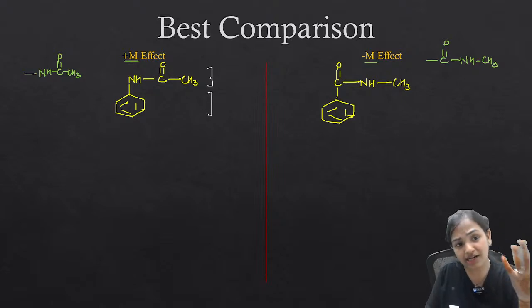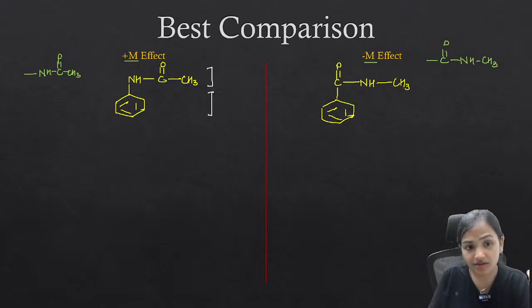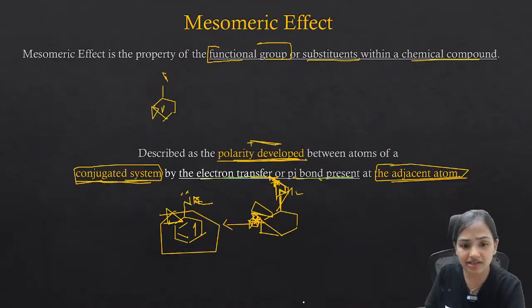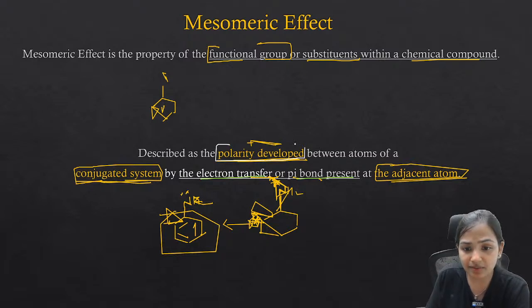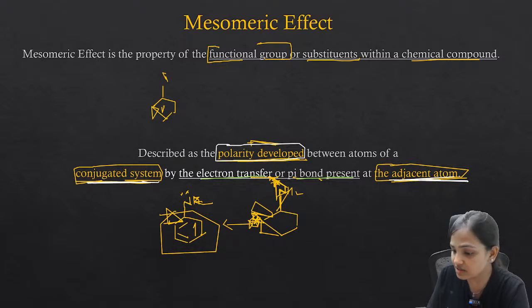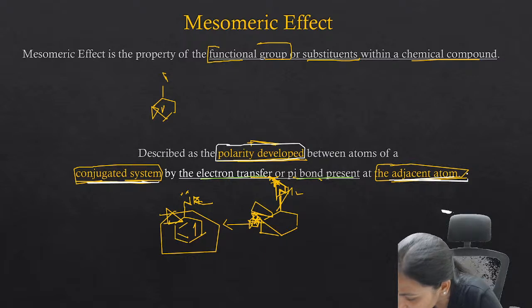So what type of polarity is getting developed between this part and this part? See the polarity, and wherever we have to see the polarity, what was the definition? Again, come to the first page. We have to see the polarity developed between the atoms of a conjugated system and the adjacent atom. So what is that adjacent atom?